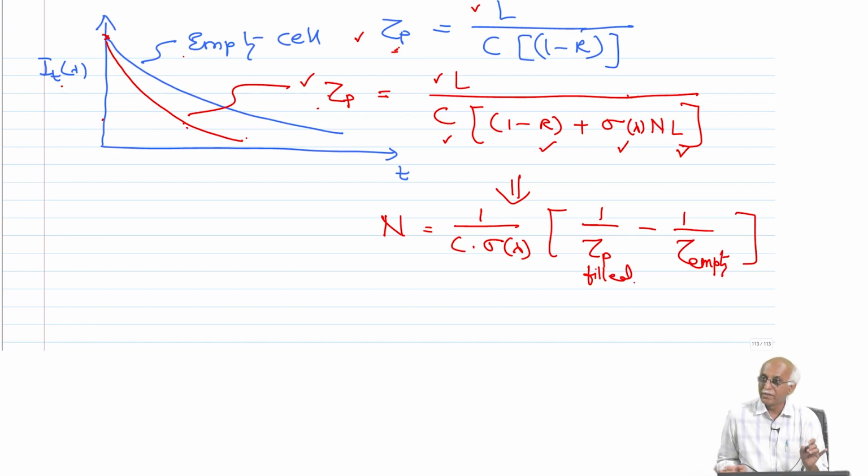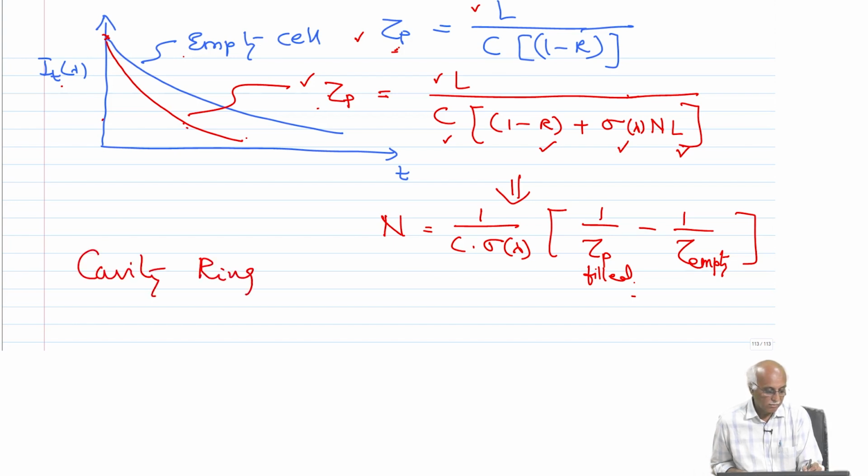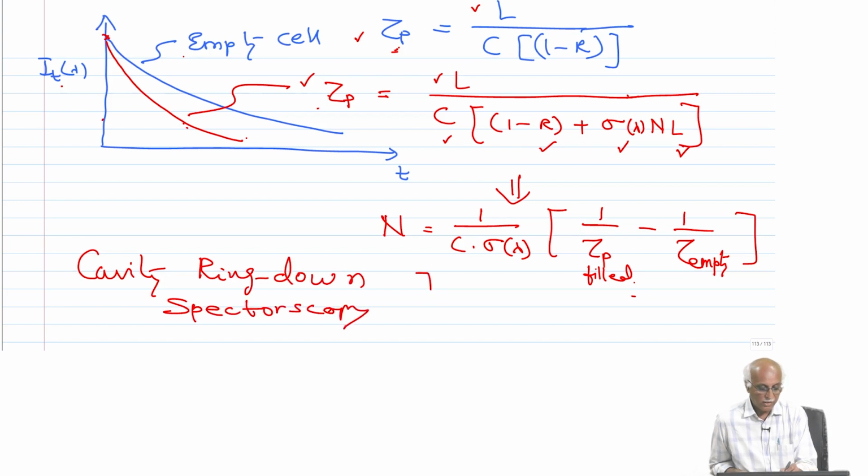It can measure very small concentration. This approach is known as cavity ring down. It is based on absorption, there is nothing different, but it provides very small concentration sensitivity. It is independent of the input intensity.